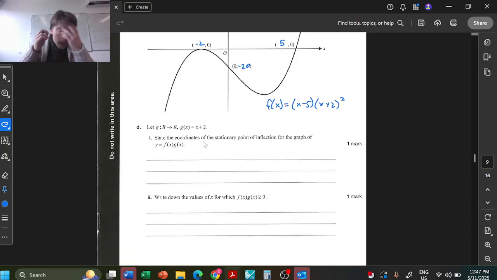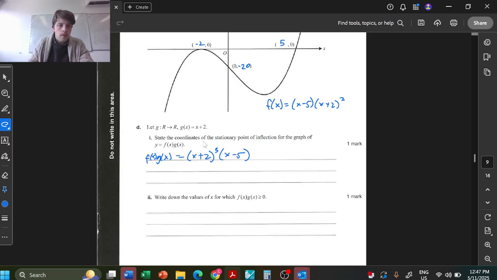Anyway, now we have a new function which is equal to f times g. So f(x)g(x) is going to be equal to (x plus 2)(x minus 5) times by that, so it's going to be (x plus 2) cubed (x minus 5). Now, we're after a stationary point of inflection.